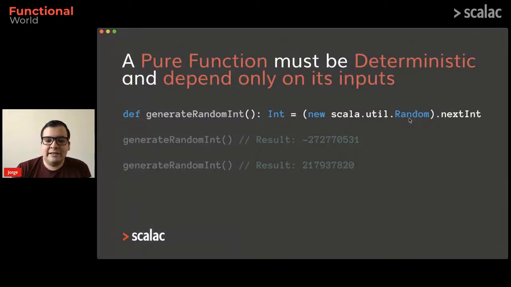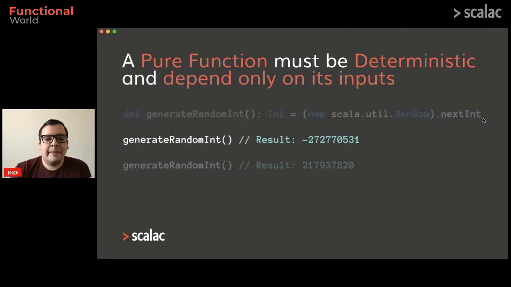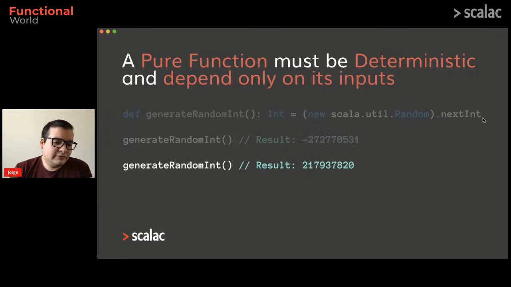One is that the function doesn't receive any input parameters. And internally, it's using this instance of Scala util Random and calling nextInt on it. So when I call this function the first time, I'm going to get a value. The next time, I'm going to get another value. And the same will happen every time we call this function.